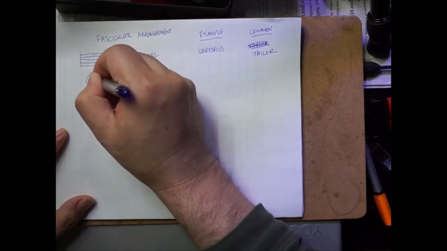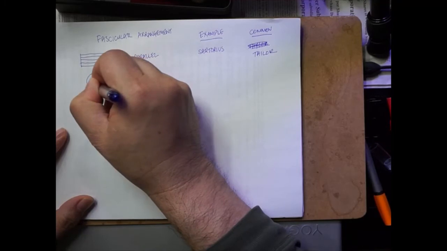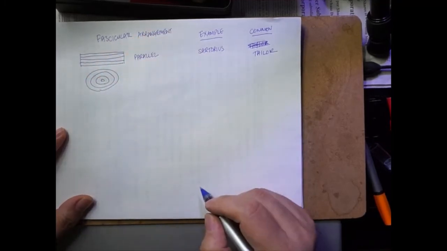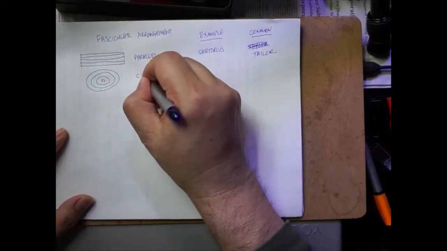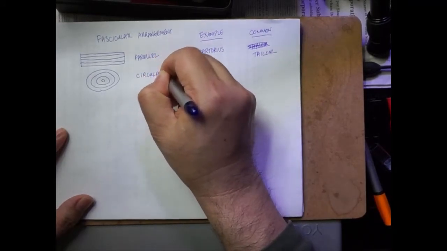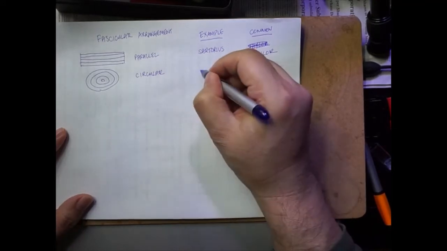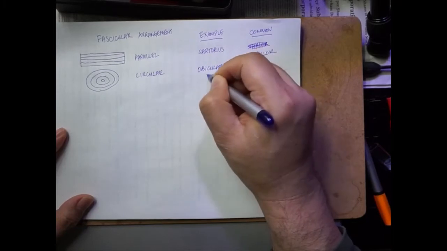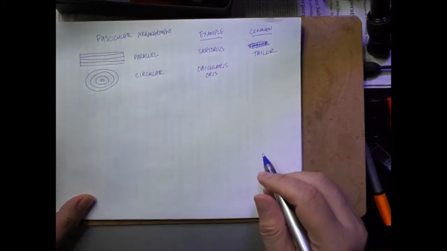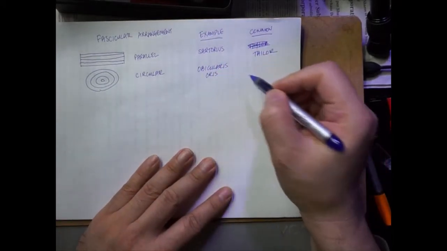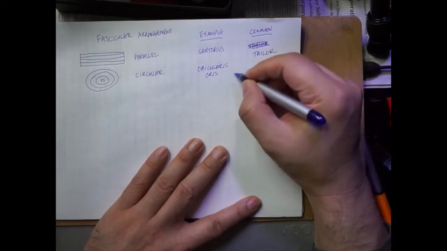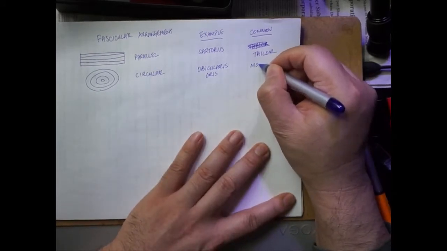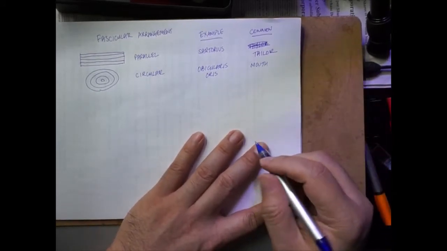So you can have parallel this way, and you can have the two ends meet, giving you a circular pattern. An example of this one, the orbicularis oris. Orbicularis oris is found in your mouth area, around your lips.